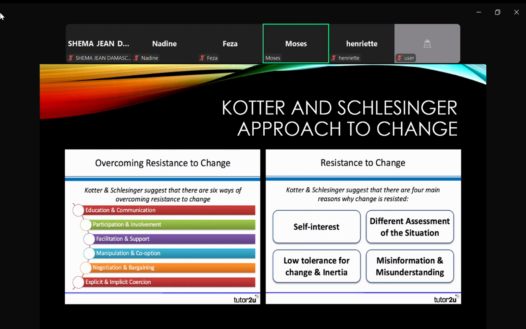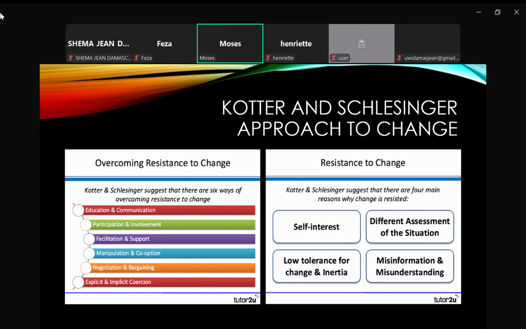People resist change because of self-interest, no tolerance for change, misinformation, misunderstanding, and so on. How can you resolve that? Education, communication, participation, involvement, facilitation, support. The last ones are not usually good, but those are the things you can apply when the first fail.